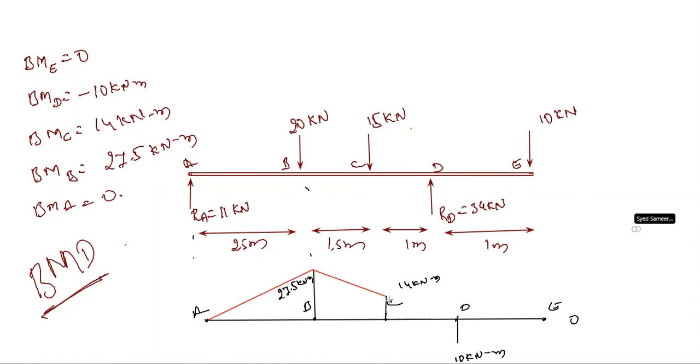From point C to D again an inclined line. From D to E it should be an inclined line. Once it has been done, the next step, you hatch inside, like this.